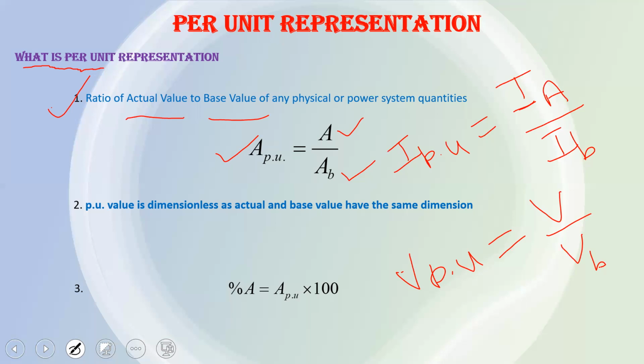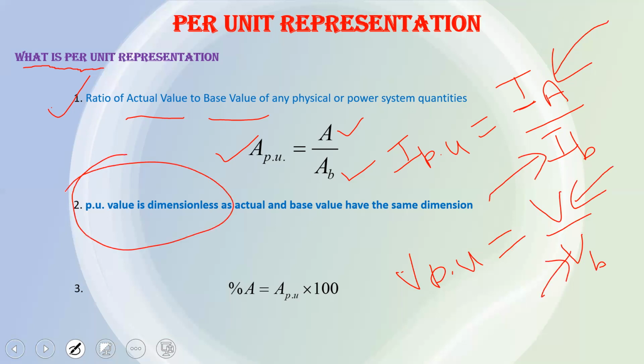But you must remember that the dimension of the actual value and the base value should be the same, so that the per unit value is a dimensionless quantity. This is a very important point when you convert any quantity into the per unit system. You must remember that the dimension of the numerator and the dimension of the denominator, or the dimension of the actual value and of its base value, should be the same.